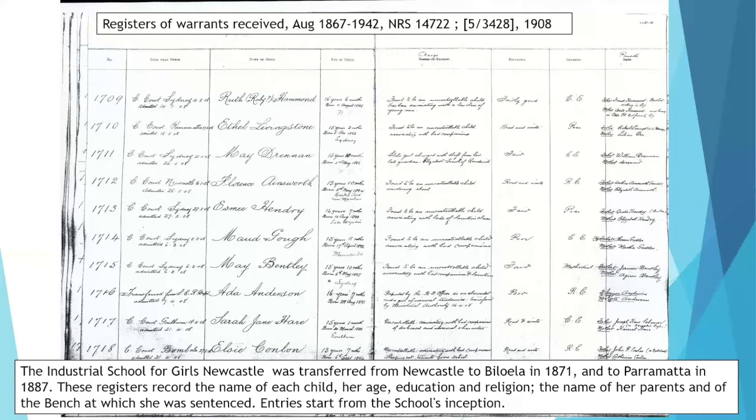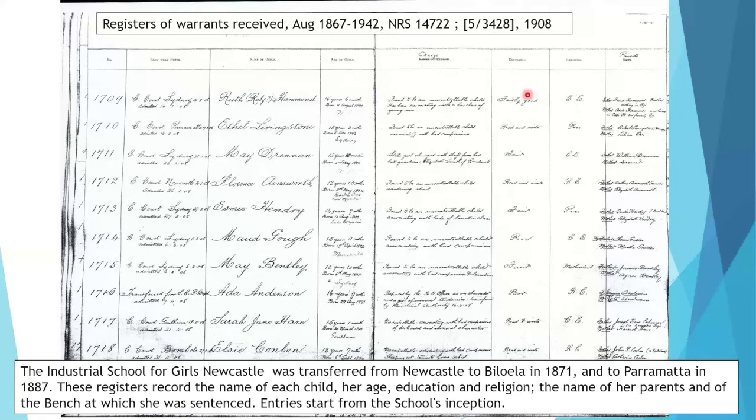These records are from the 1890s, and they're some very naughty girls who were all, without fail, I think, found to be uncontrollable. Here we've got Ruth or Ruby Hammond, who was found to be an uncontrollable child and had been associating with a low class of young man. A lot of these girls are mid-teens, so they're 14, 15, some are 13 years old, one's 16 there, and it's all that same sort of thing.